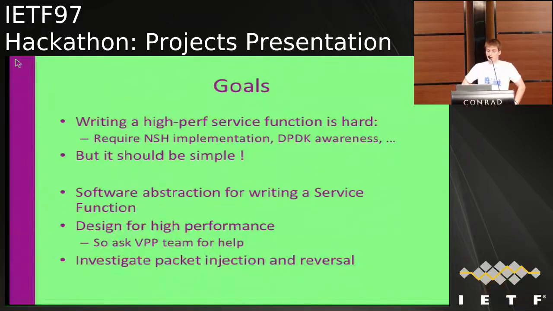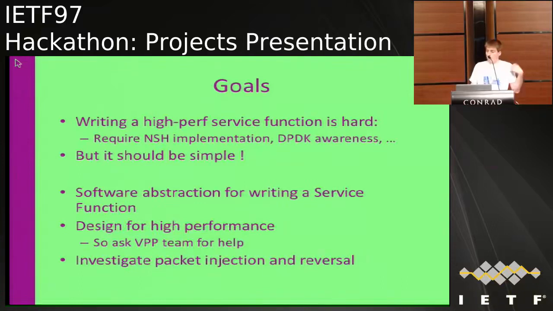So the main goal of this hackathon project was to make it easy to integrate with classifiers and service function forwarders for testing and proving service function concepts, and make it simple and easy.